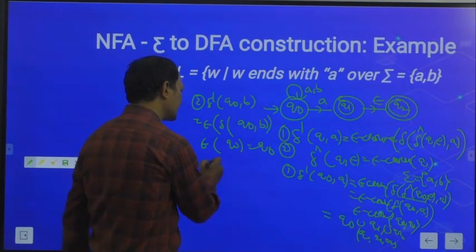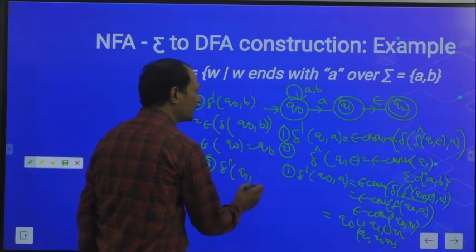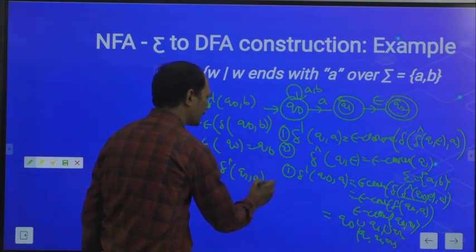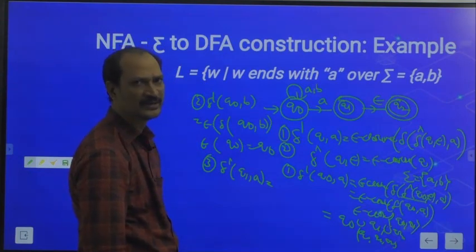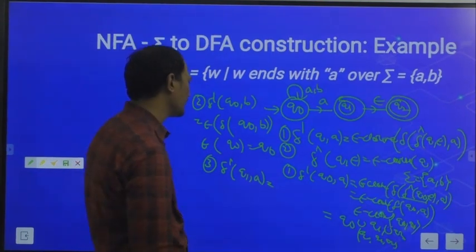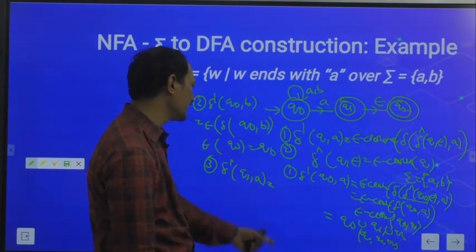And the third one, the transition function: delta dash of Q1 comma A. So that is the value that I am going to have. What is the value of delta dash of Q1 comma A?